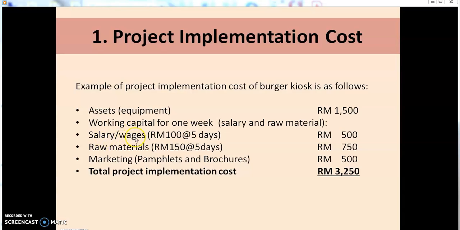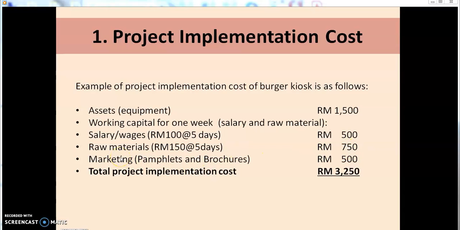So the salary or wages, let's say you have to pay like 100 ringgit for 5 days. So in total you have 500 ringgit as the cost you need to finance the salary and wages. Raw materials needed, let's say you have to pay RM150 for 5 days. So you will have to pay 750 ringgit.